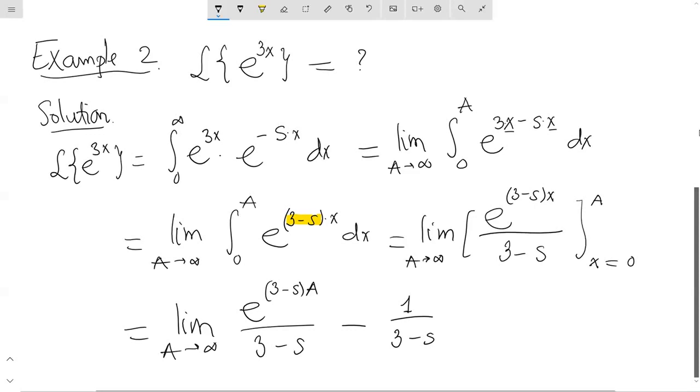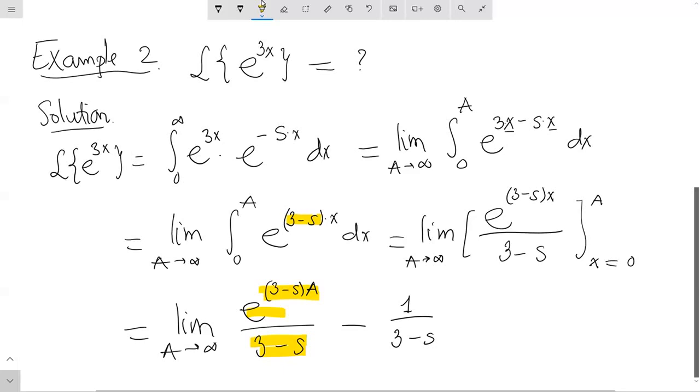Now we need to take the limit of the first fraction when a goes to infinity. And we want the limit to exist. So as before, if the coefficient in front of a, 3 minus s here, is negative, then the limit would be 0. Otherwise, the limit would be infinity. We want the coefficient in front of a to be negative.